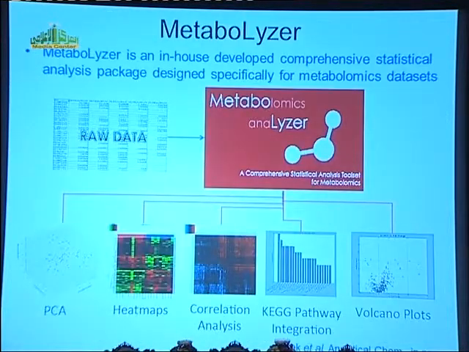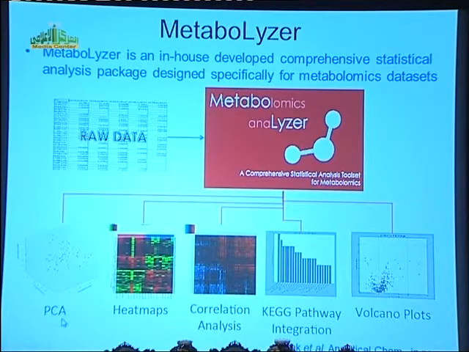The importance of Metabolizer is that for many of the biologists trying to get into metabolomics, it's a daunting problem just trying to get started, and many of the packages are not particularly user-friendly. So this package has been made to be user-friendly, and it's commonly used in my lab and others at Georgetown, particularly for novices in the field, but also for those who've been in it for some time.